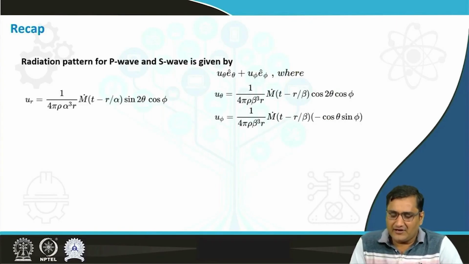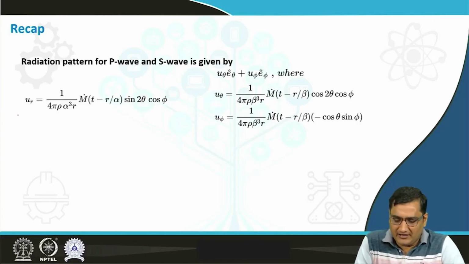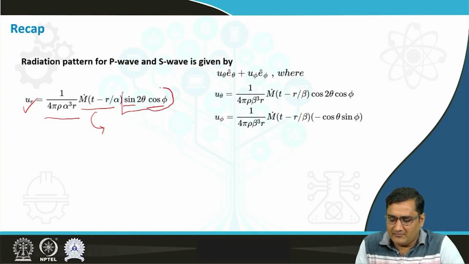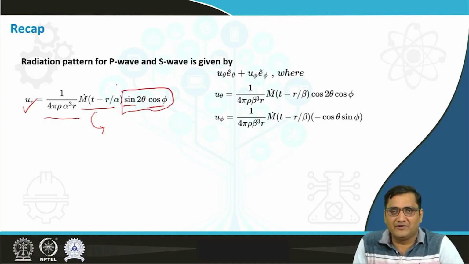The radiation pattern for the P wave and S wave can be given by these expressions for the displacement. The displacement along the radial direction can be represented by 1 by 4 pi rho alpha cubed r, M dot (t minus r by alpha), sine 2 theta and cos phi, where M dot is the seismic moment rate function, and this represents the radiation pattern of the P wave.